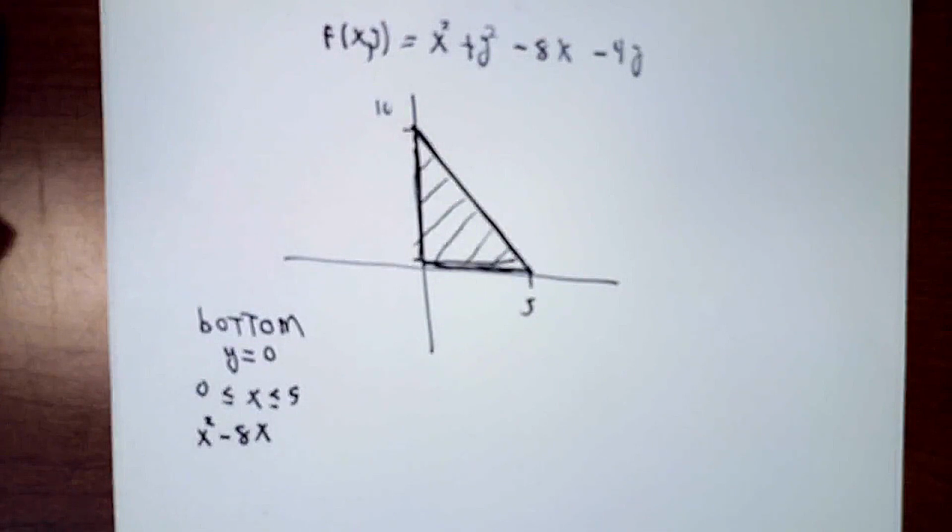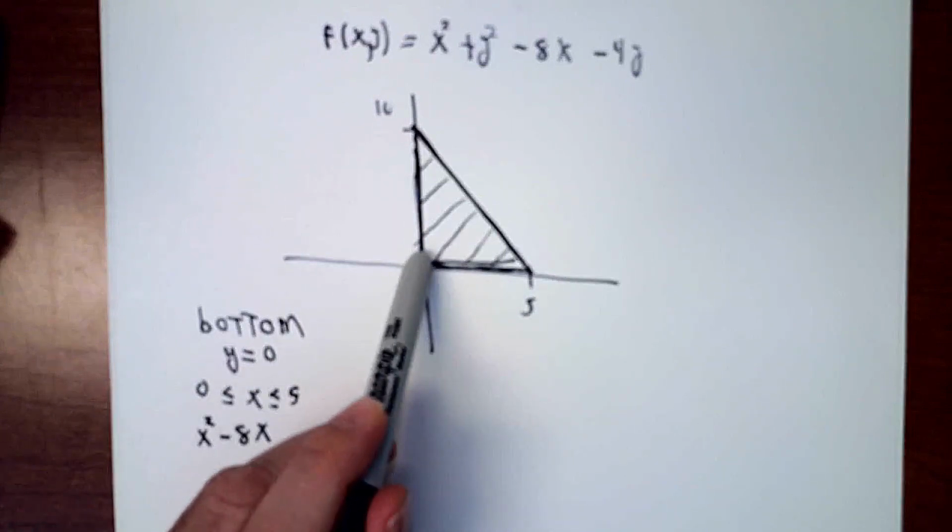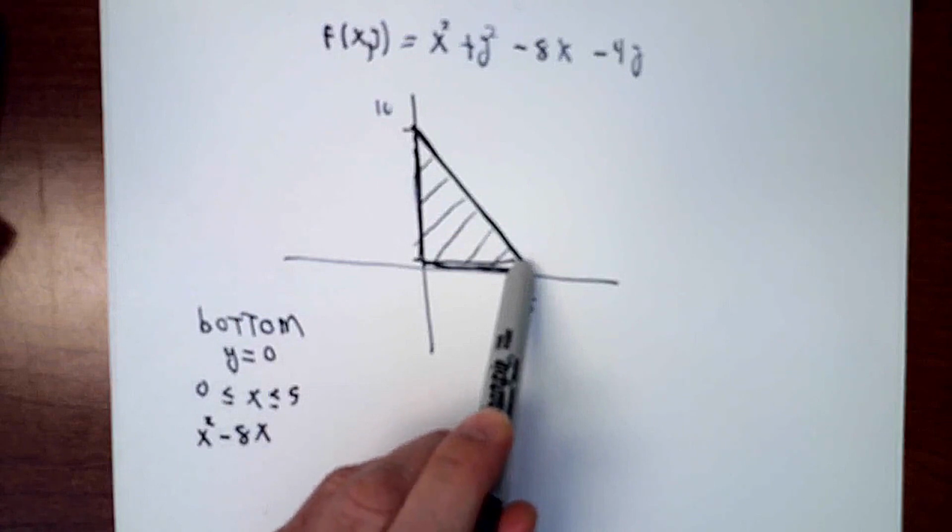So I'm thinking of trying to maximize and minimize x squared minus 8x on the interval where x goes between 0 and 5. It's possible that I could have maximums and minimums at the endpoints when x is 0 or when x is 5. That would correspond to the origin and that spot.